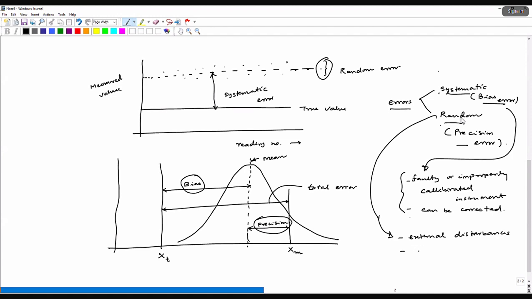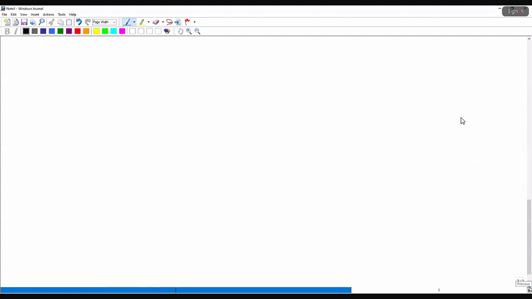Hence, you cannot correct it, but you can characterize it using statistical analysis. So random errors are characterized by statistical analysis. Before we go further, I wanted to differentiate between accuracy and precision.